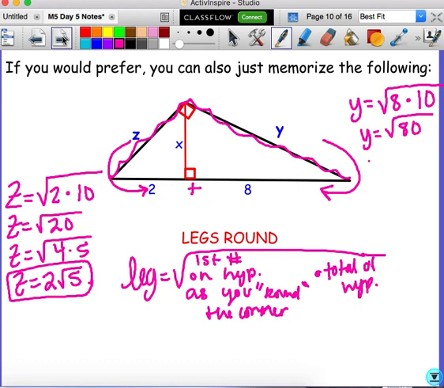So 16 goes into that 5 times. Square root of 16 is 4, so 4 square roots of 5. Again, if you're not a great memorizer, you can always redraw these triangles, but this is a trick that will work every single time. It just requires some memorization.